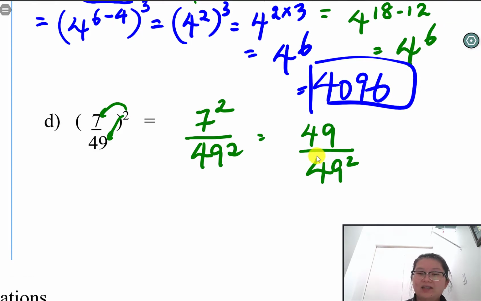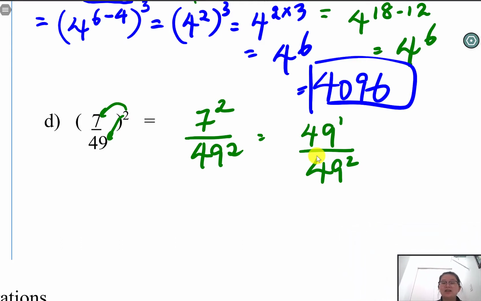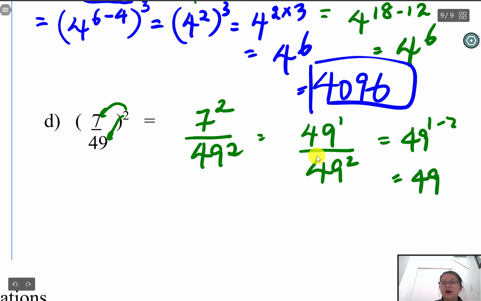So in fact, if I have 49 to the power 1 on the top and 49 to the power 2 on the bottom, that's pretty much the same as saying I take 1 and I subtract 2. That's going to give me negative 1. So this is 49 to the power of 1 minus 2, which gives me 49 to the power of negative 1. In fact, that's just 1 over 49.